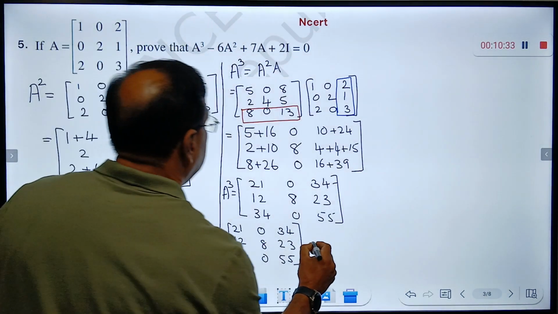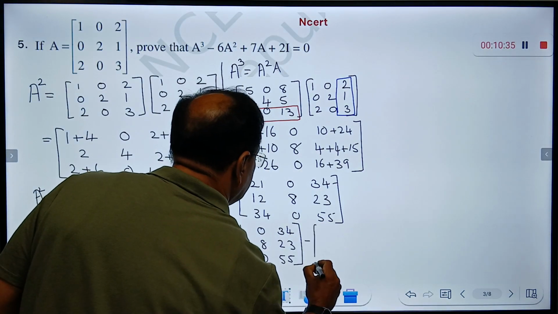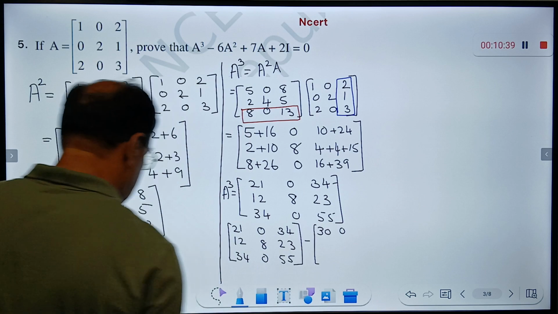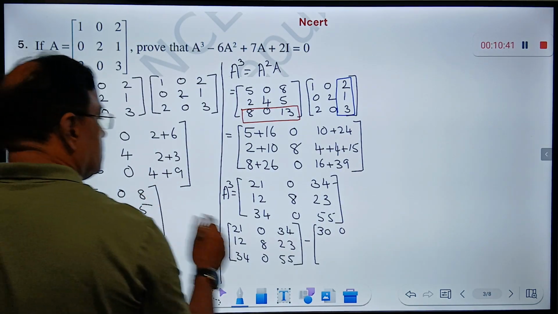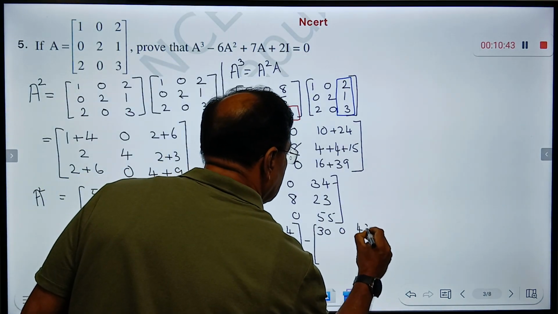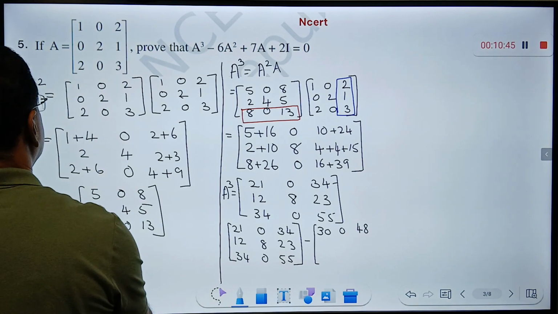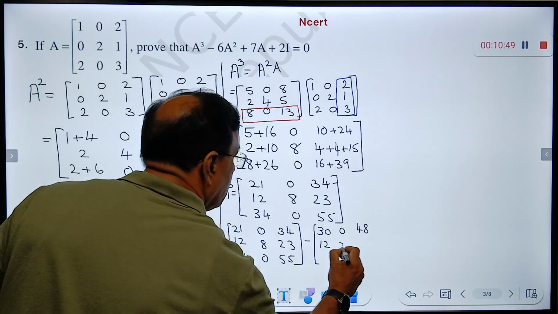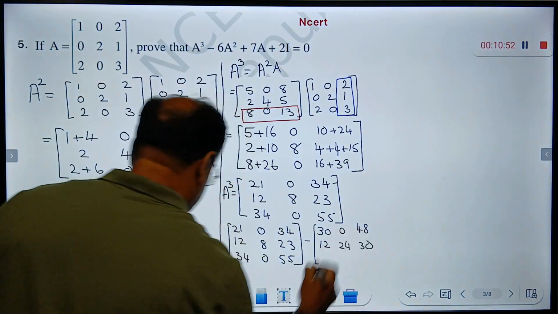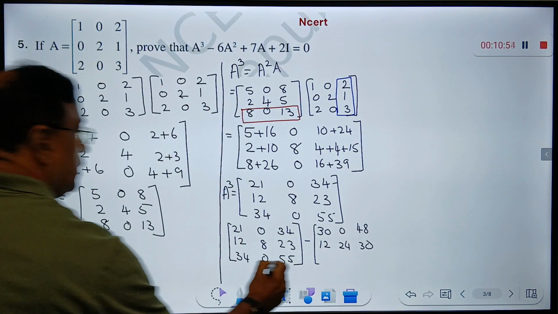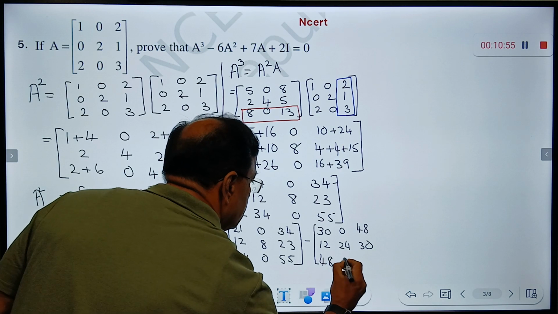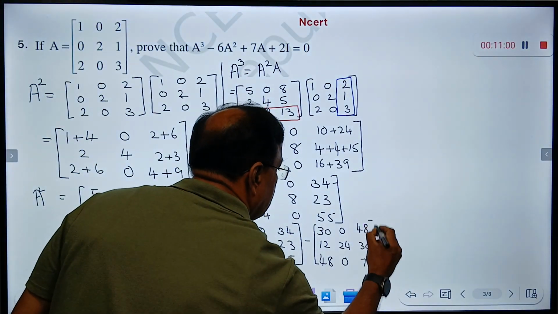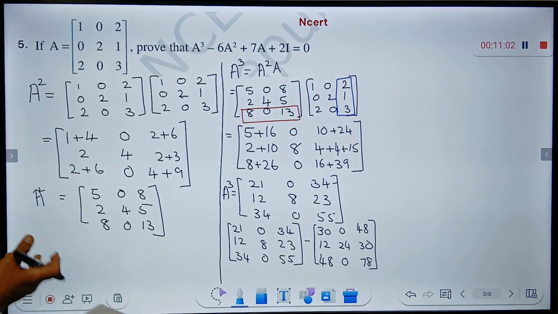What do you get? 30, 0, 30, 0, 6, 48, and then 12, 24, 30, 48, 0, and 78. I have already calculated and kept, otherwise time is wasted.